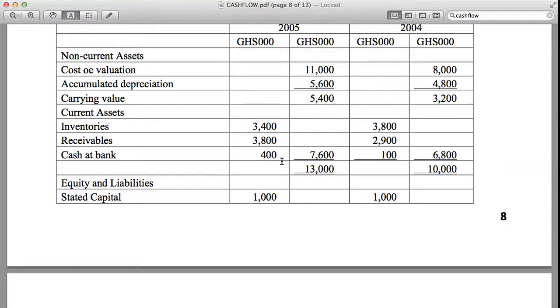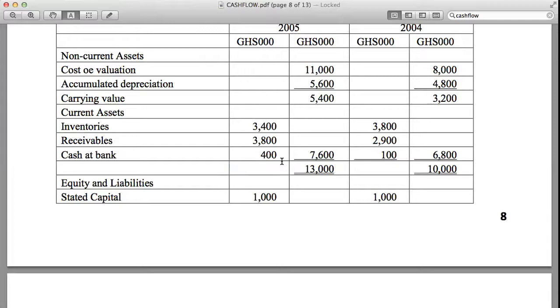Most of the exam questions, we won't tell you that. That's the truth of the matter. Most of the exam questions will not tell you that during the year they acquired PPE. If the opening balance is 3,200 and they sold some assets during the year, and still the balance has increased to 5,400, then there's what? Magic.